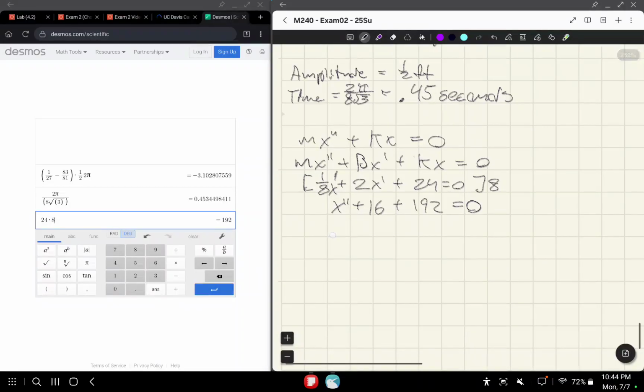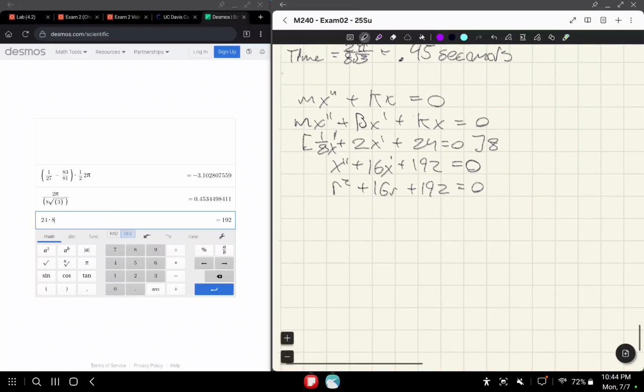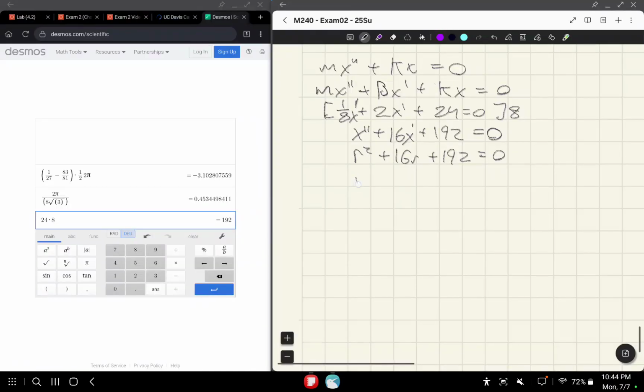Now we do the same thing and find the roots. Using the quadratic formula, r equals negative 16 plus or minus the square root of 16 squared minus 4 times 1 times 192, all over 2.